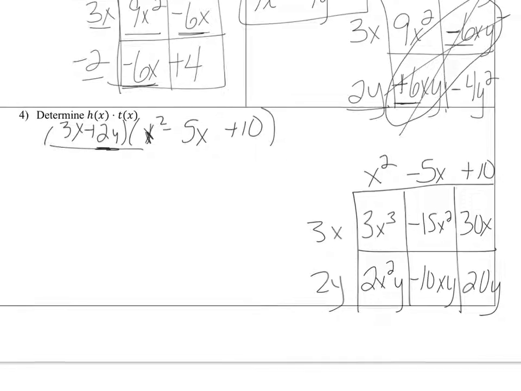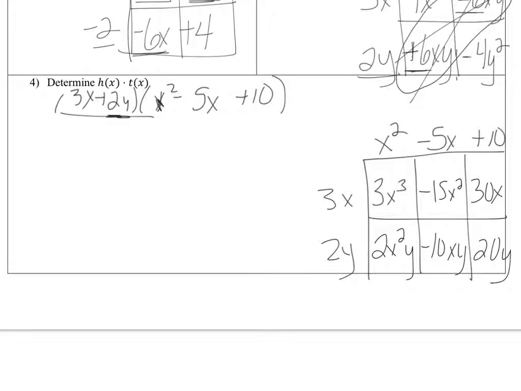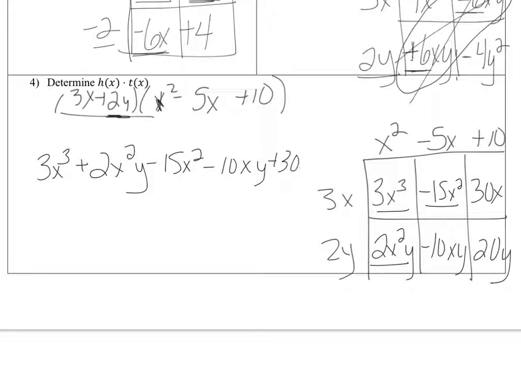So no like terms, or I don't think, I will check. So 3x cubed, there's no other x cubed. Then 2x squared y, there's no other x squared y's, negative 15x squared, negative 10xy, plus 30x, plus 20y.